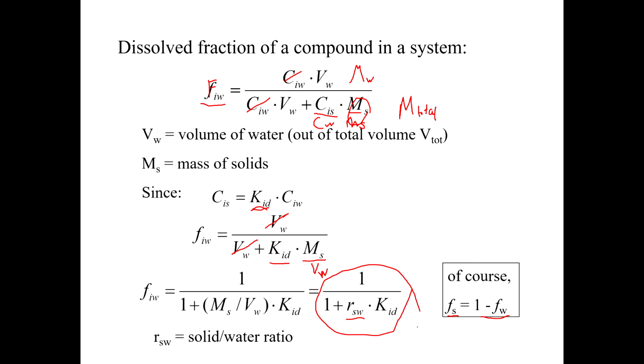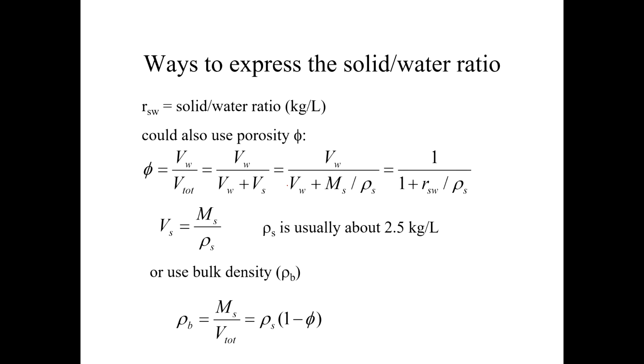And then the question is, how do we express this ratio of solids to water? How do we express that solid-water ratio? Well, there's a couple different ways to do it. We could use porosity. If we're in an aquifer, we would maybe measure porosity, or we might measure bulk density, rho sub B, rho for density and B for bulk.